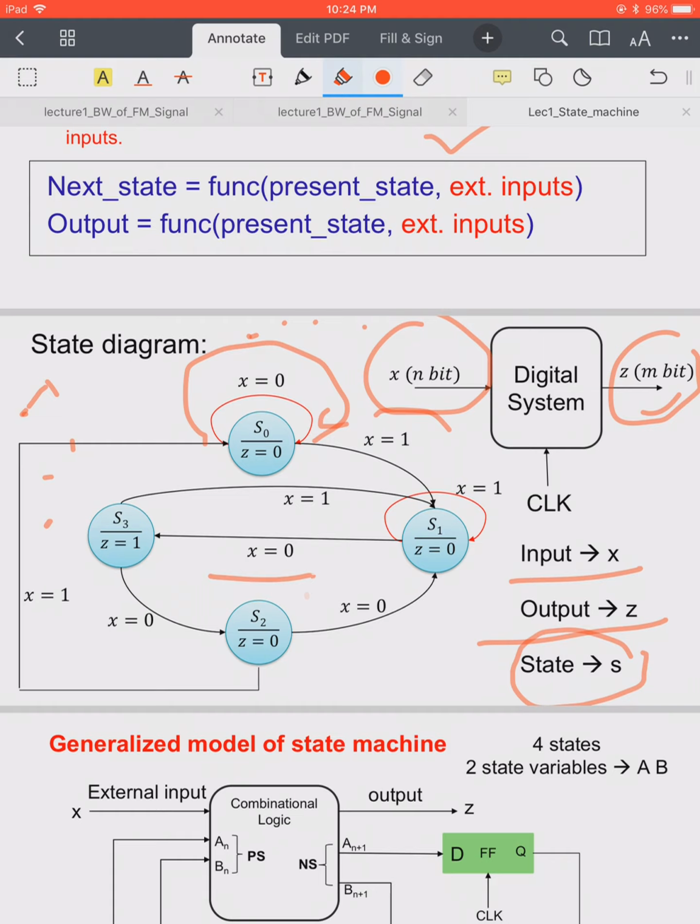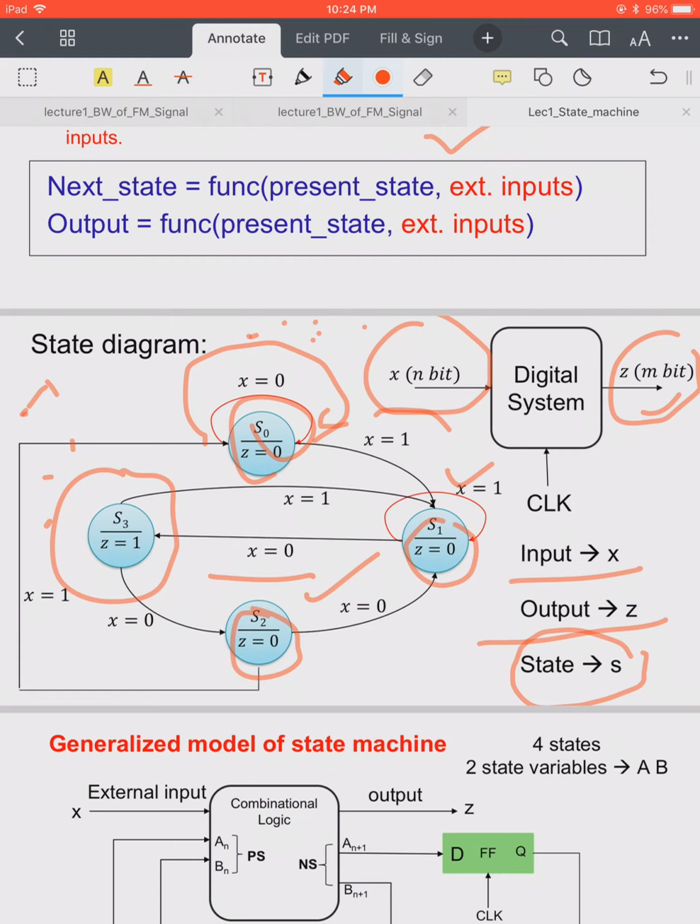When the system is at state S3, its output is 1. In any other state, the output is z equal to 0. Only here the output is z equal to 1. This is just an example of a digital system, an instance.